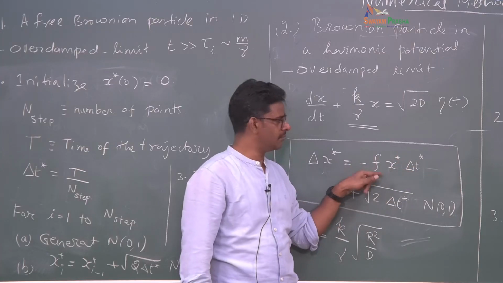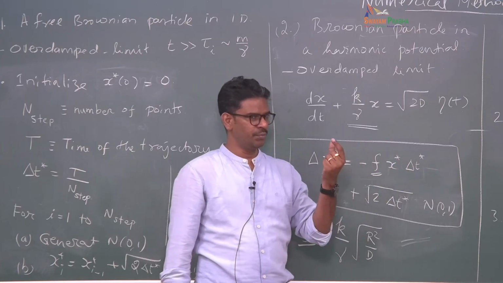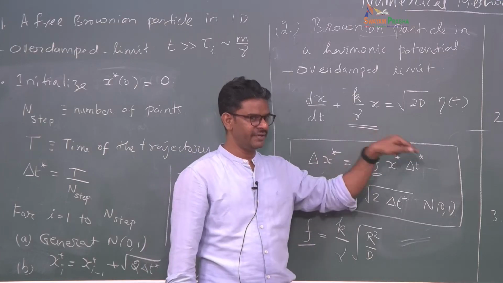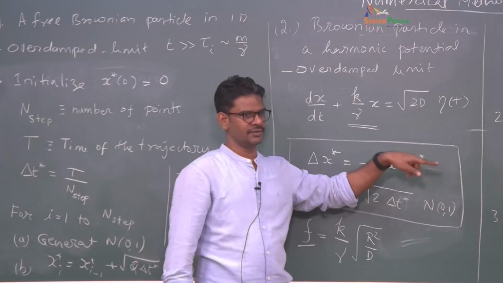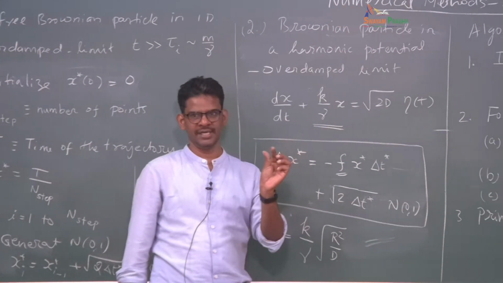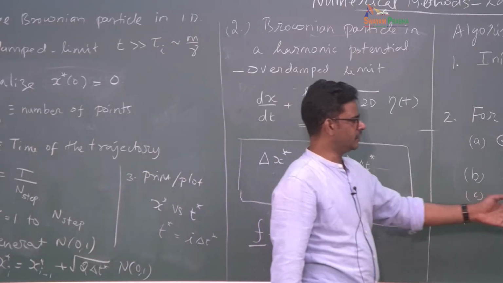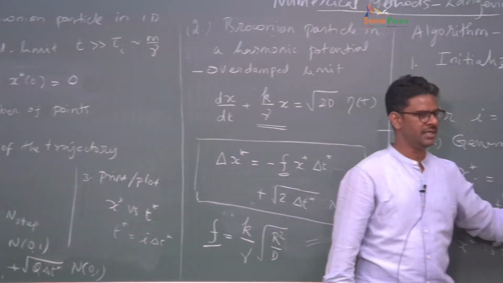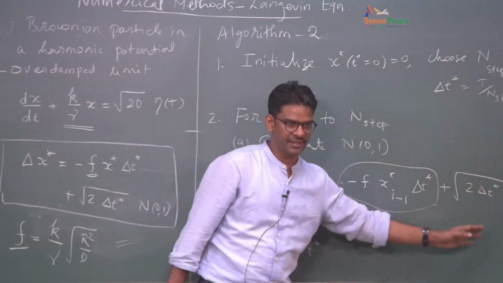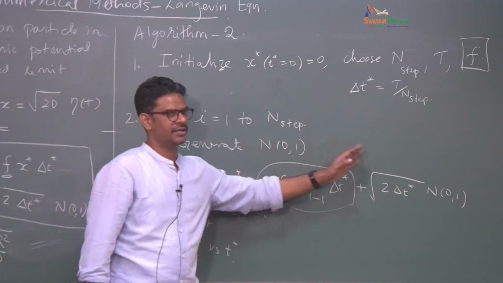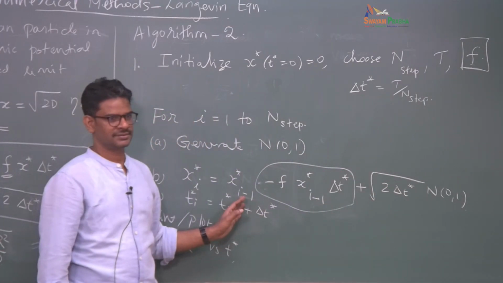So in this problem, how small or how big the delta t you choose will affect the accuracy of this trajectory. The smaller the better, because when you have a small delta t, it's very likely that x will not be too different from the previous value. Okay, so this is an explicit method. Whatever you need to update, everything is known on the right hand side.